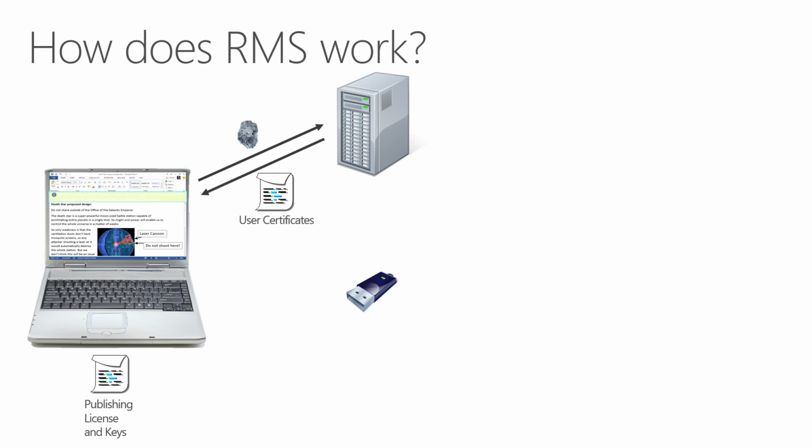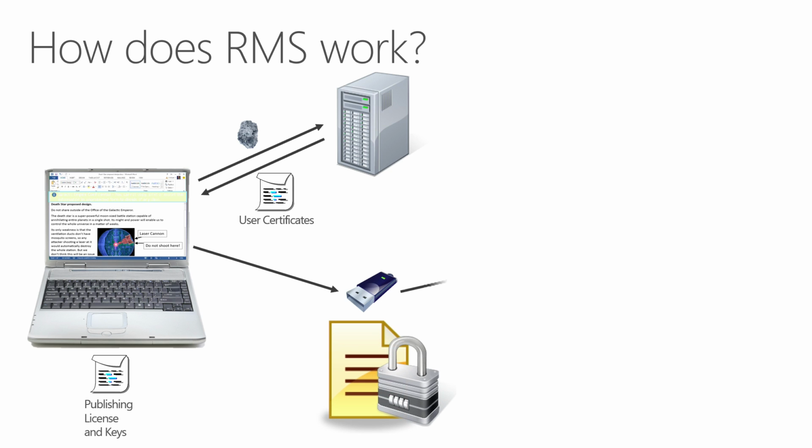So then this protected document will go to the consumer via any way, could be email, could be a USB disk. But during the transition, this document is always encrypted and protected.